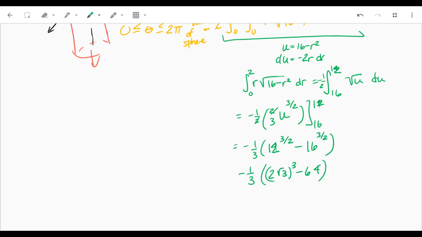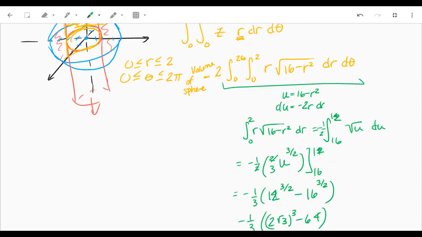There we go. And that was just the inner integral, right?